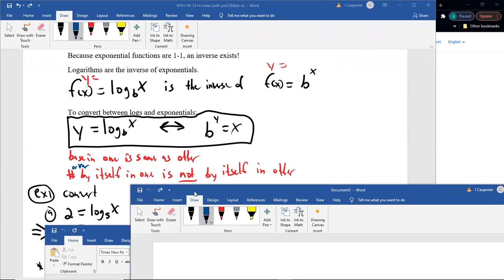So a little more room on the screen. Example one, we will convert, and these will all be converting from logs to exponentials. And then example two, we'll go the other way. We'll convert from exponentials to logs.